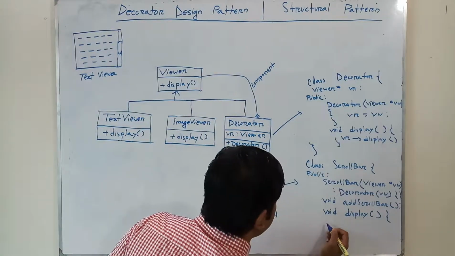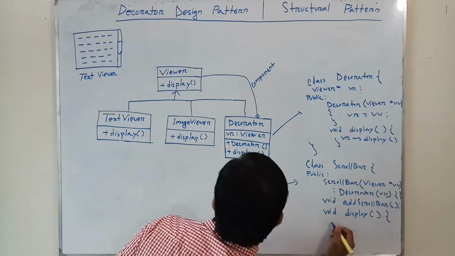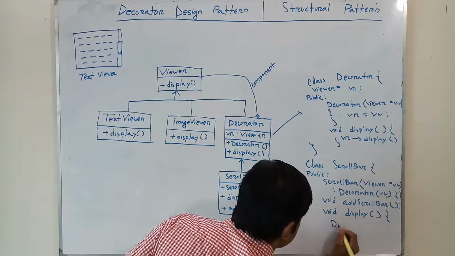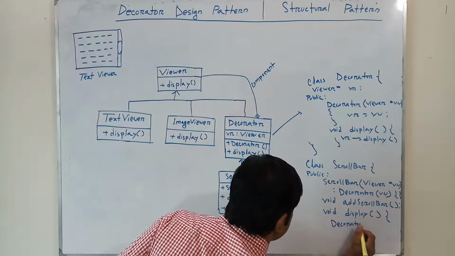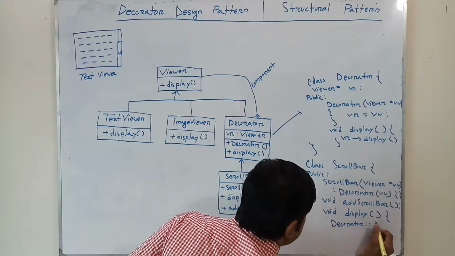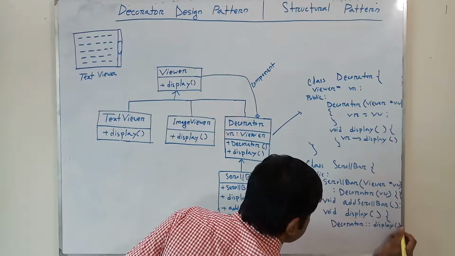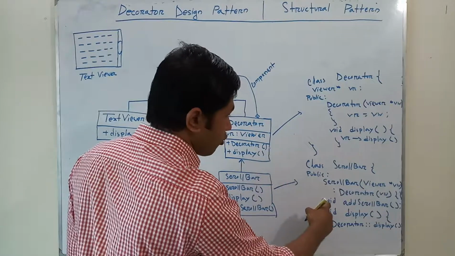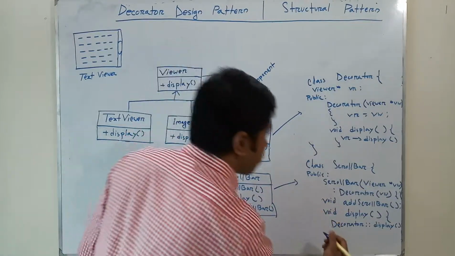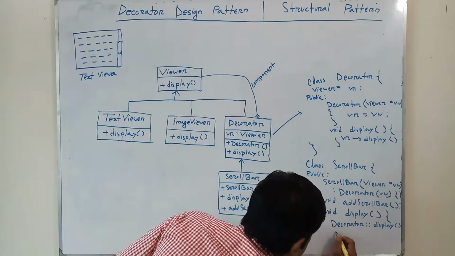So here it will first call its base class display function, that is the Decorator display function, and then it will call its own class function addScrollBar to add the behavior to our existing objects.